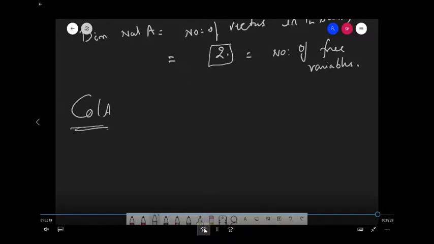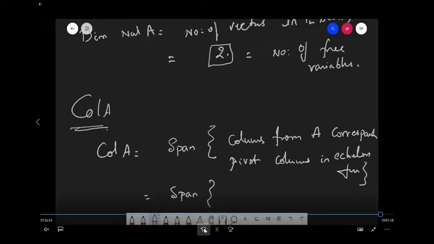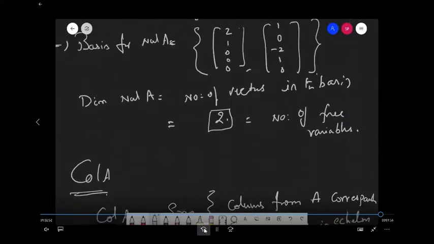Now, column A. Let us come to column A. What is column A? Column A is equal to the span of the columns from A corresponding to the pivot columns in the echelon form. So that is column A. What are the pivot columns in echelon form?